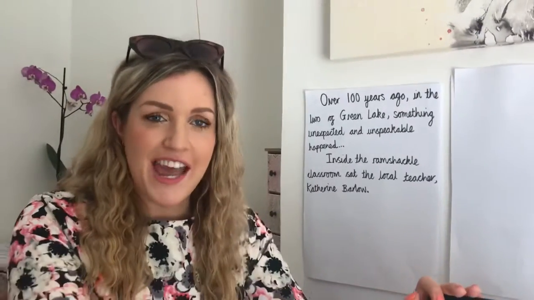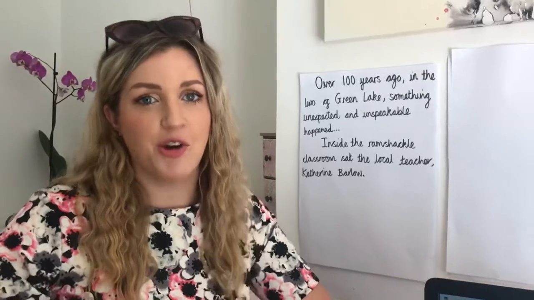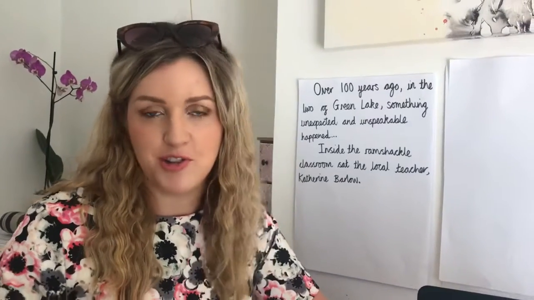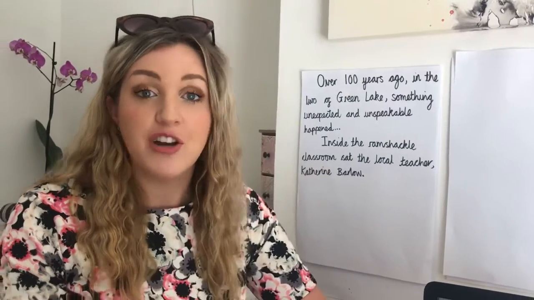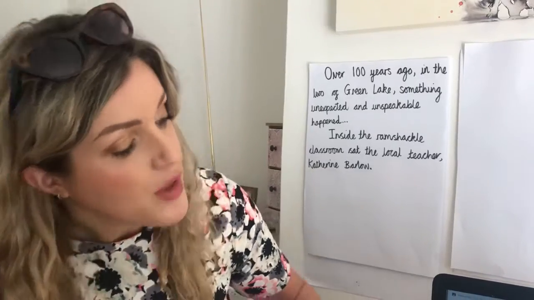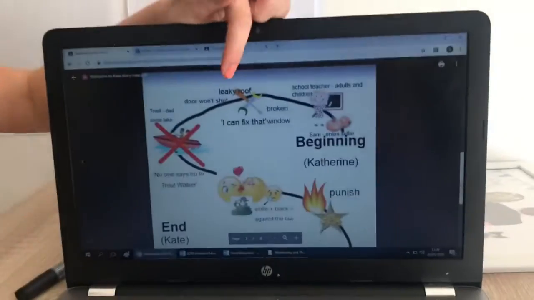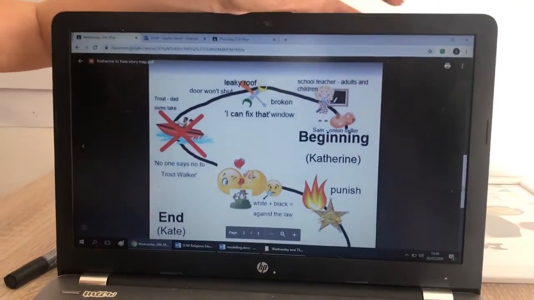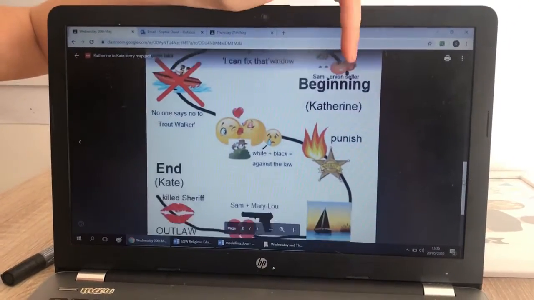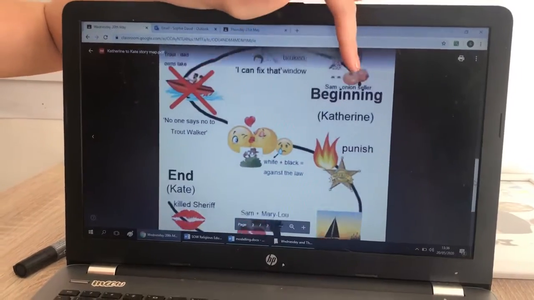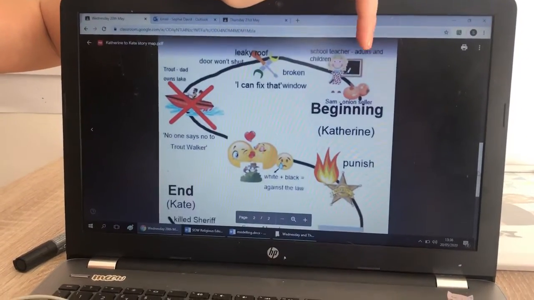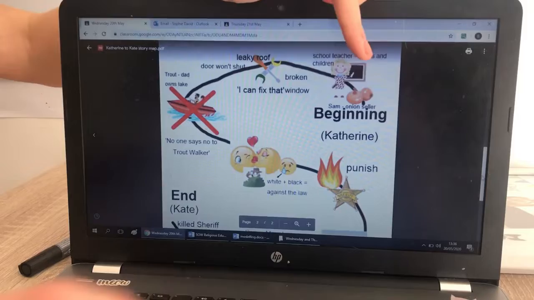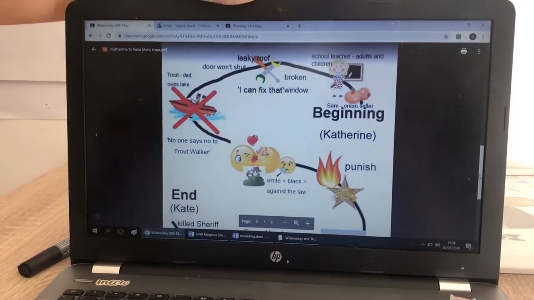So, over the next few days, you are writing your Legend of Kissin Kate Barlow story. First of all, you need two things with you. You need your story map that you did yesterday, and you need to decide how much you're going to write today. You preferably want to get about halfway, give or take a few scenes, but make sure that you have that with you because you put the hard work in yesterday.